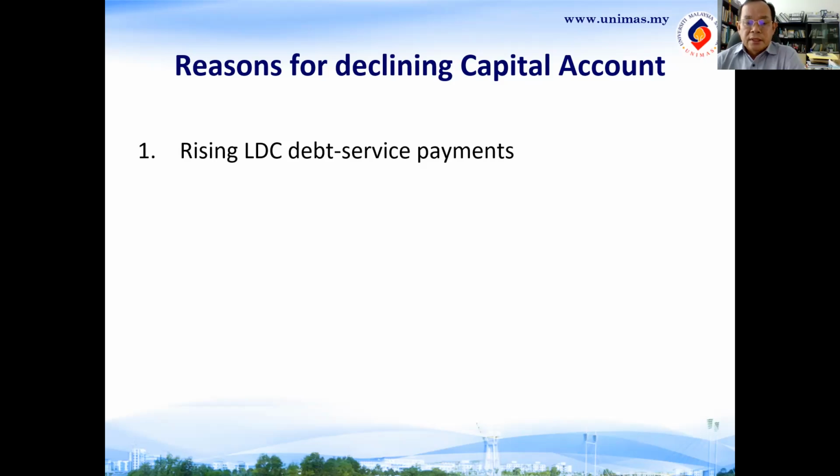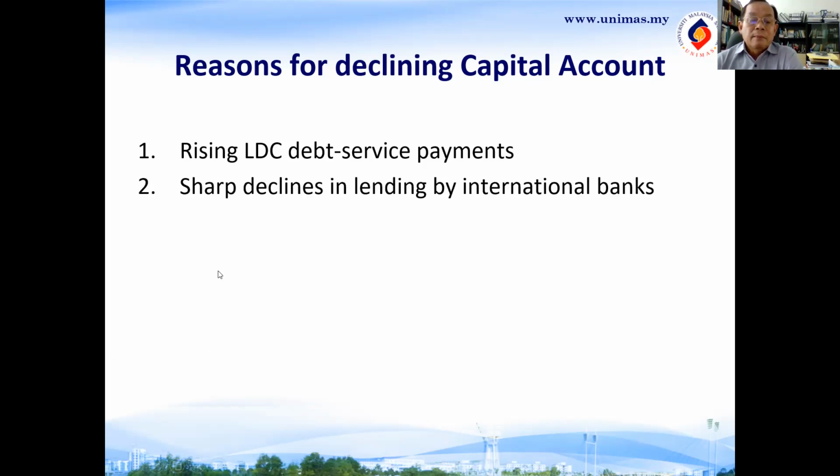In other words, payment that the less developed countries have to pay back to the negara ataupun bank yang telah meminjamkan uang tadi.